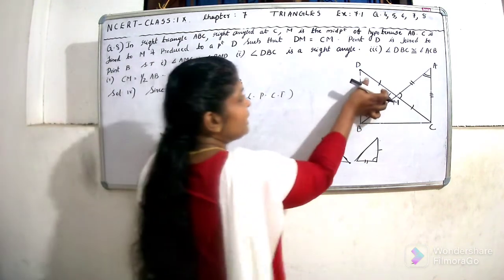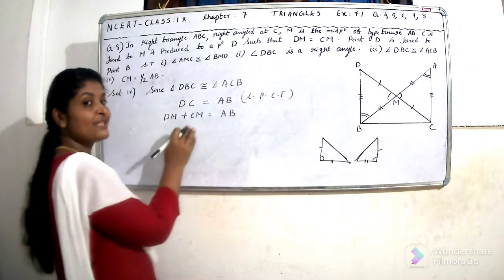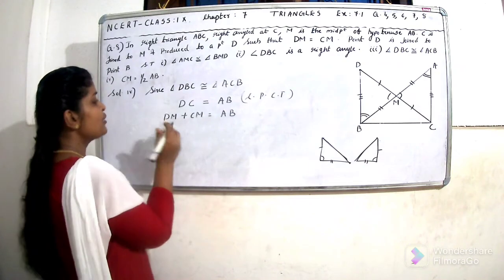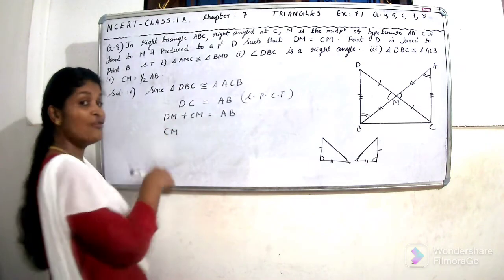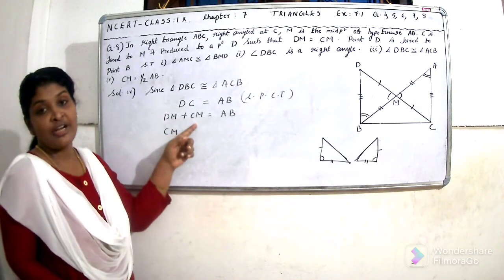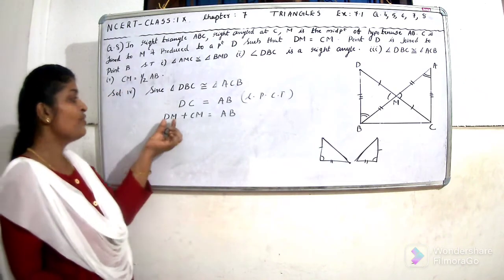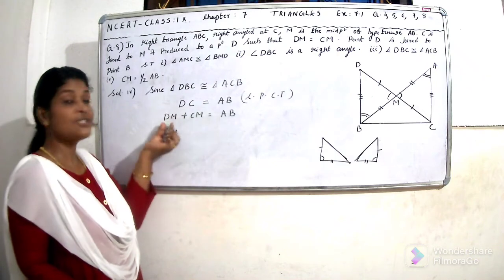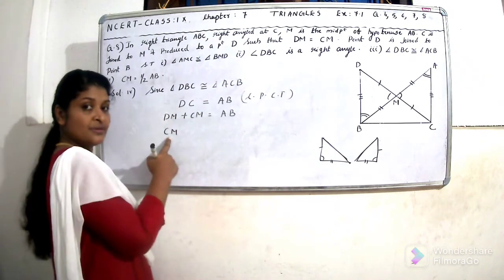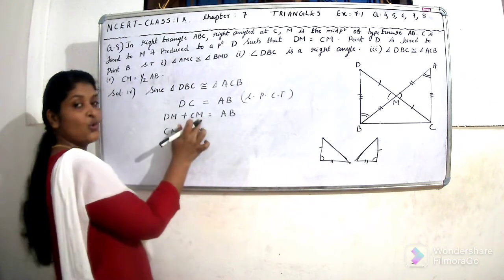Now we know DM and CM, they are equal. These two measurements are equal. So why two different names? One name is enough, no? So instead of DM we are writing here CM. Why are we using CM? Two times we can write DM, no? We could write DM two times, but you just look in the statement, there they use CM. So we will avoid DM and use CM instead. So DM is equal to CM and here also CM. That means both are equal. So why two names?